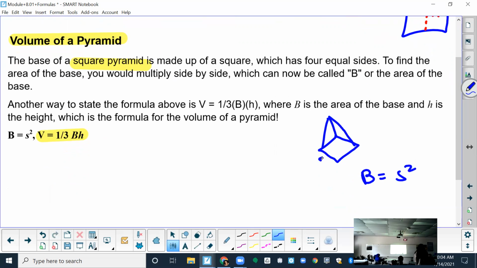So whatever side length is the base of the base of your pyramid, you're going to square it, and that'll represent what B is in the formula. So the area of your base is that capital B.